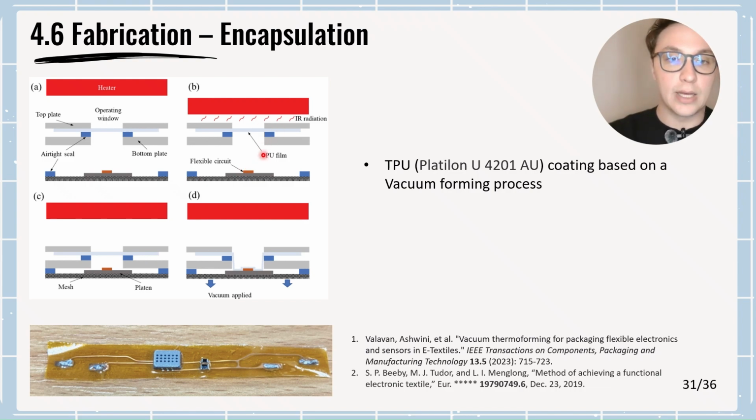We apply infrared radiation, heat basically, and with the vacuum applied between the TPU and the substrate, we can change the TPU form because it was kind of melted, and give it the final shape of the flexible circuit we are using.